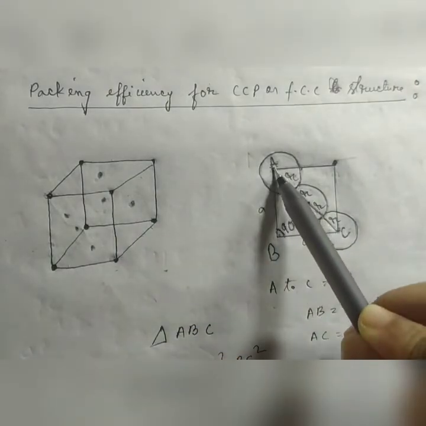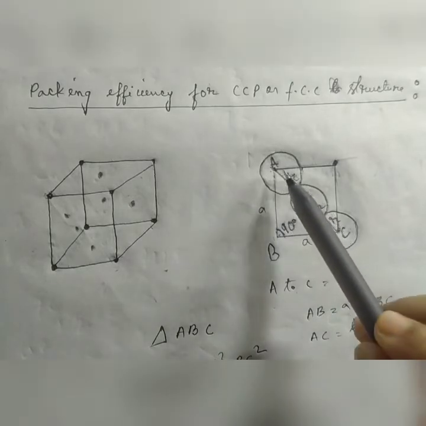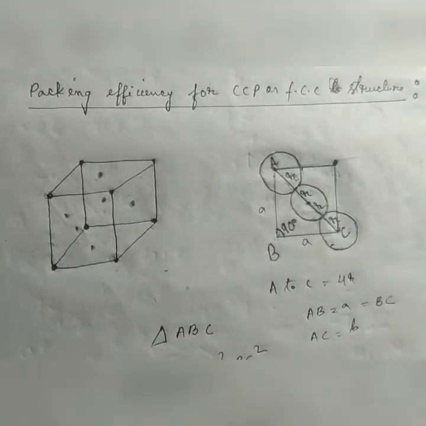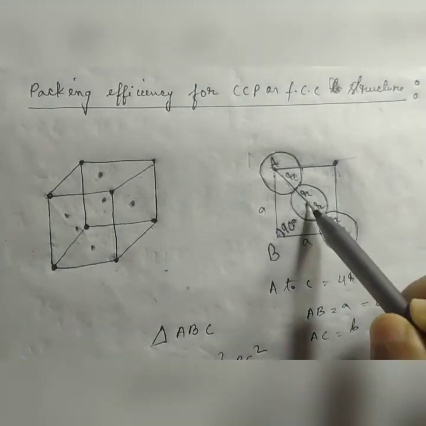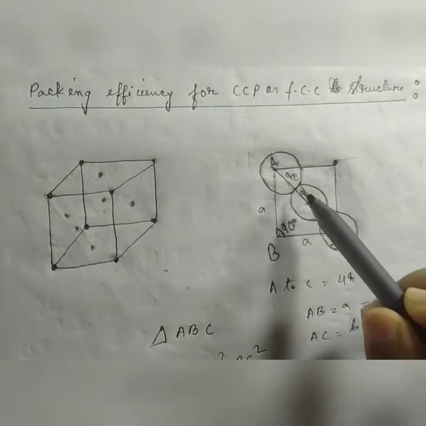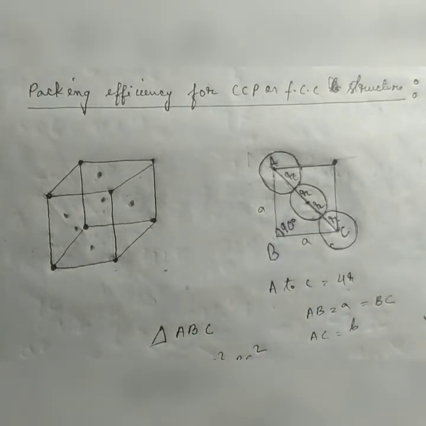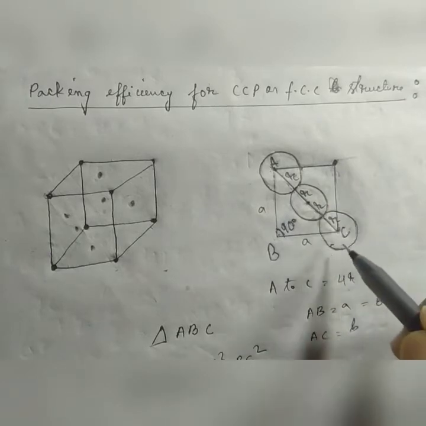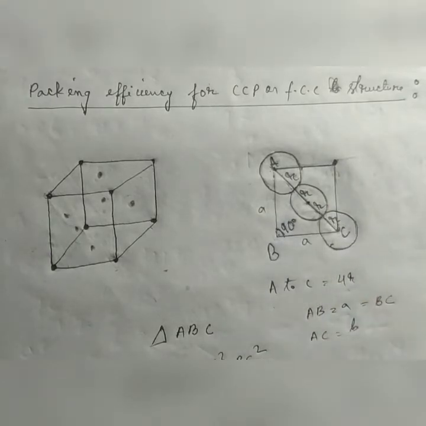If you consider this point as the center of this sphere, then the distance from this point to this will be R, that means radius. And if this is the center of this sphere, then this distance will be R, and this distance will be R. So from A to C we will get how many R?